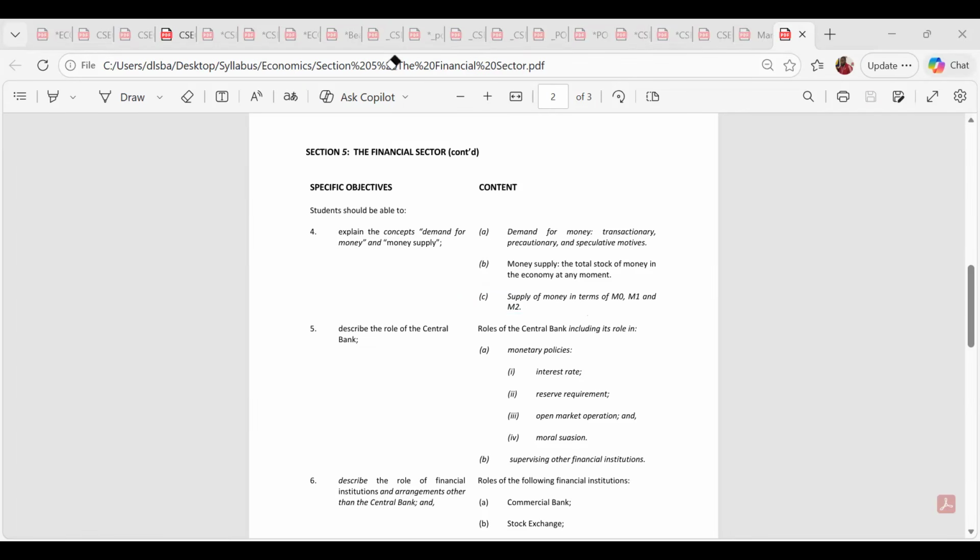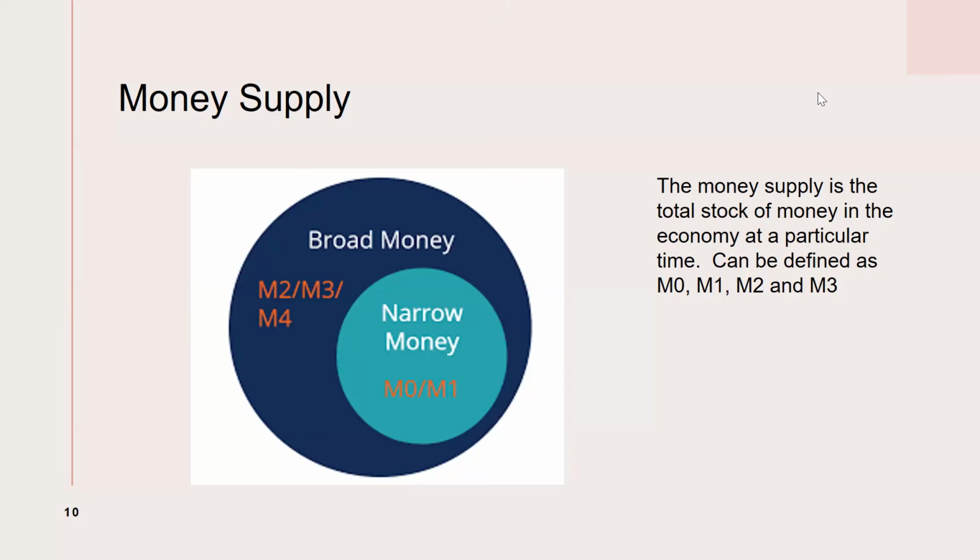Right, so back to the PowerPoint. So narrow money is money that is easier to change to cash. The easier it is to change to physical cash, the narrower it is. The harder it is to change to physical cash, the broader it is.